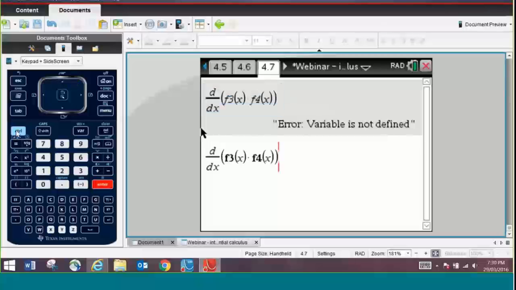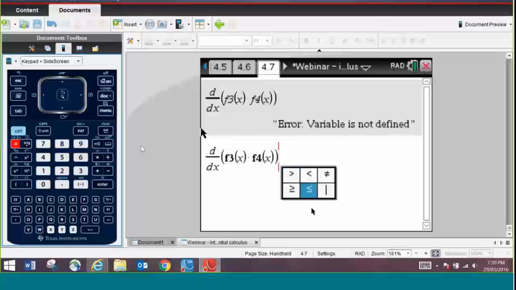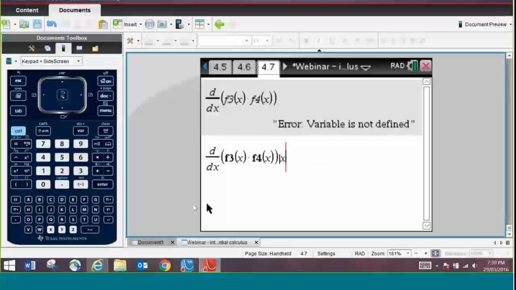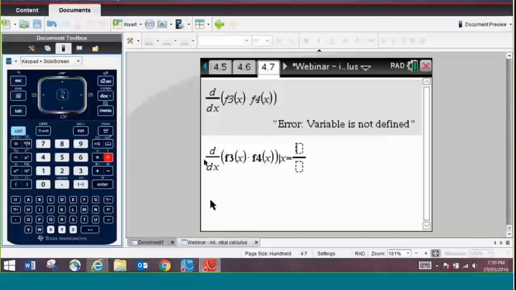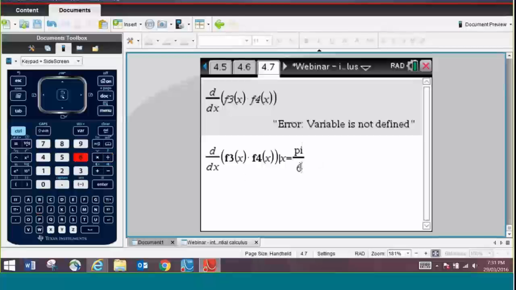I of course need to do it at a point, so I can put in x equals, and if I put in angle, I'm in radian mode, so I'm going to put in pi on 6. The pi button is located here, but nicely pi is pretty much there, so I can type pi and the calculator is extremely clever and knows that that's what I mean.